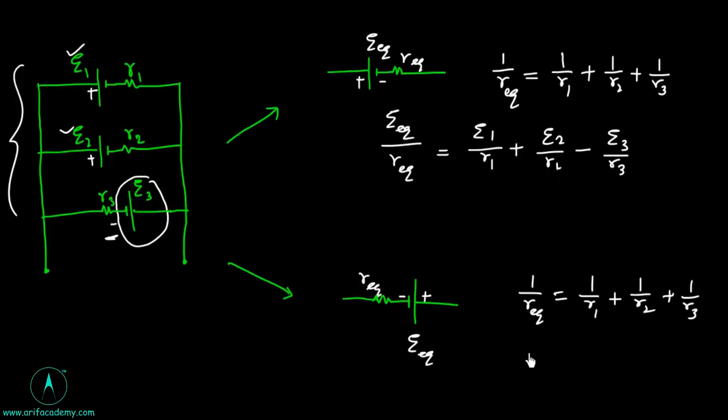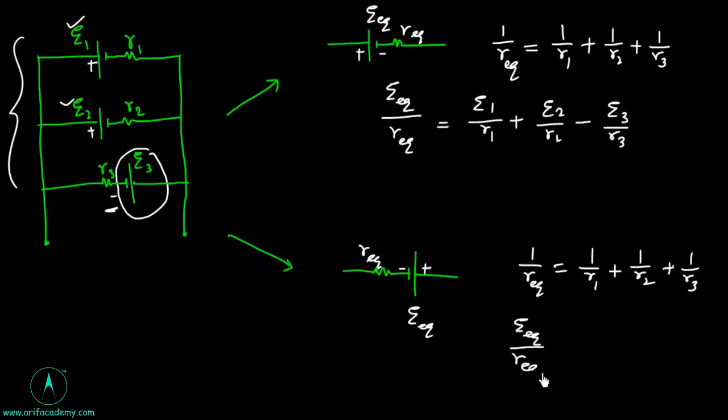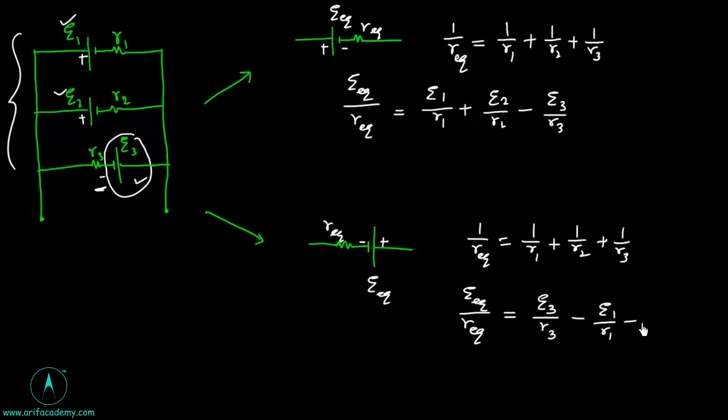But E equivalent by R equivalent is equal to, now this matches with this cell, so it is taken as positive: E3 by R3 minus E1 by R1 minus E2 by R2. Suppose this expression comes out to be positive, it means the polarity of the cell as taken is correct. And if it comes out to be negative, then the polarity should be reversed.